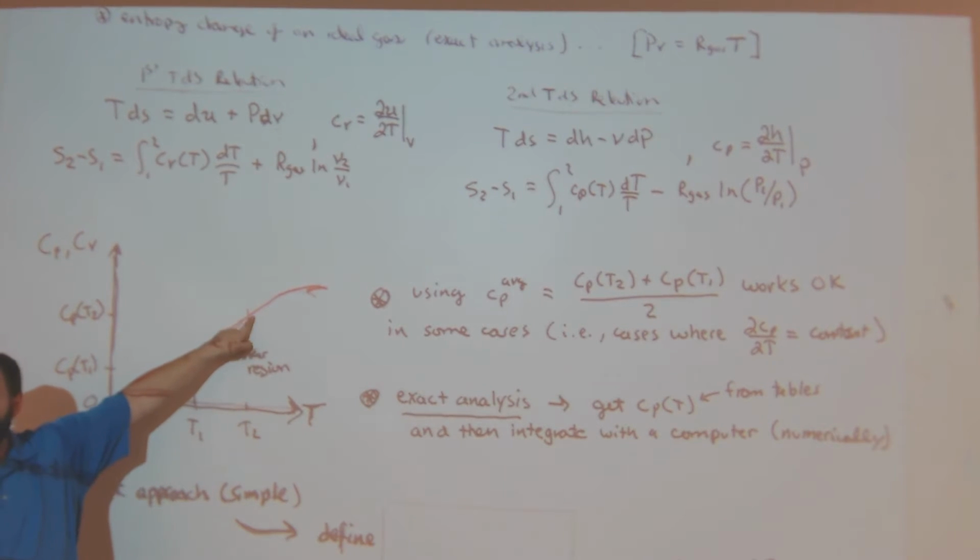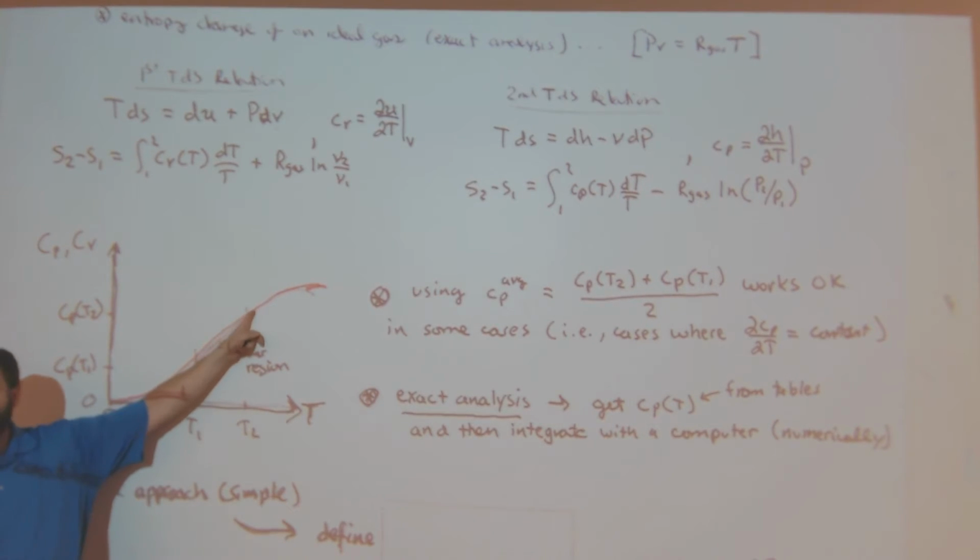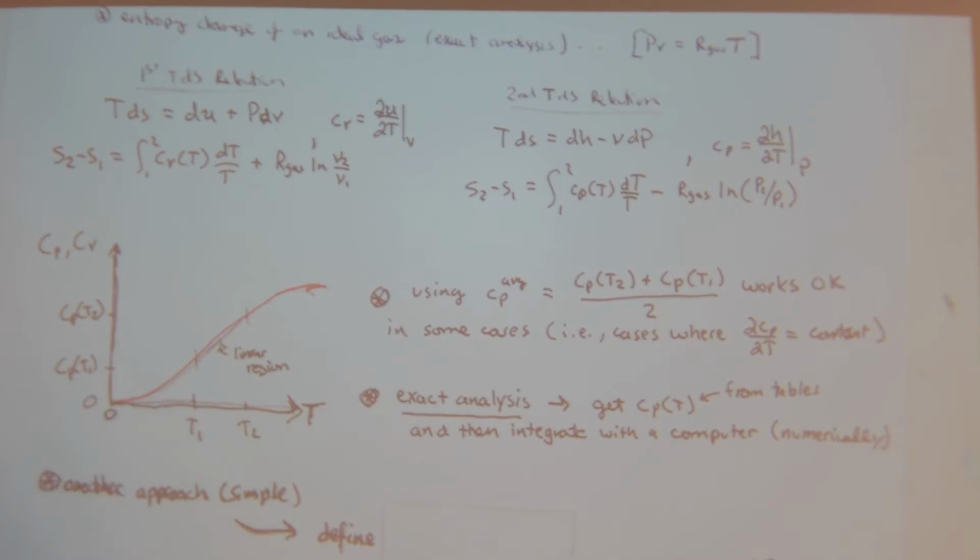So I know that I'm going to start evaporating, a phase transformation. What happens to Cp when I go from liquid water phase to vapor water phase?